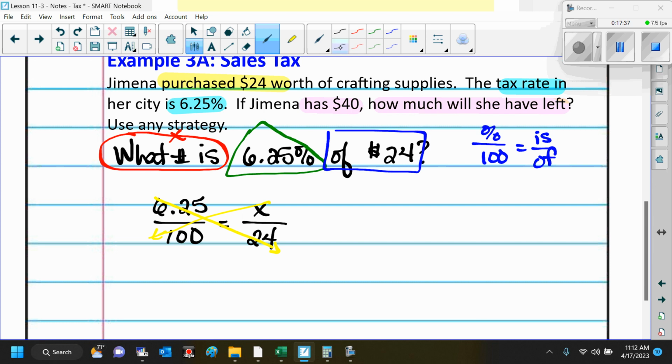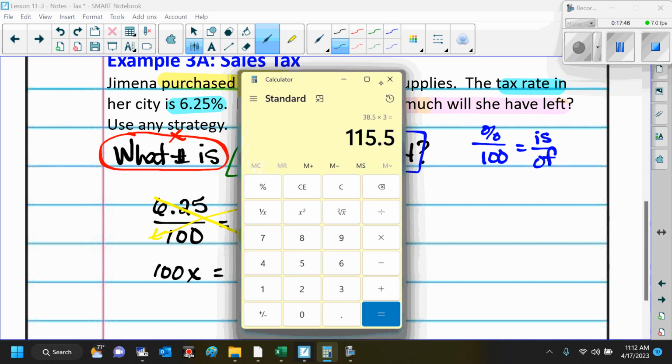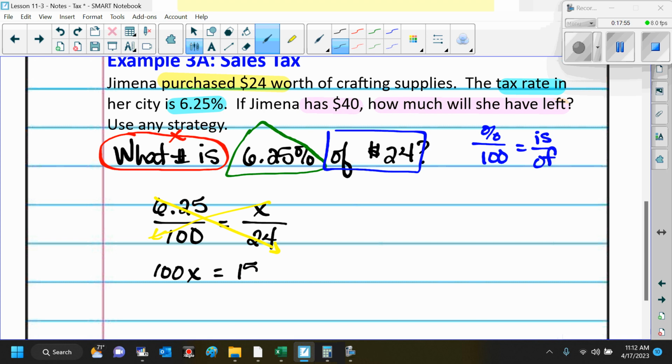Okay? So on one side, 100 times x is 100x. And then 6.25 times 24, very good. That's 150.